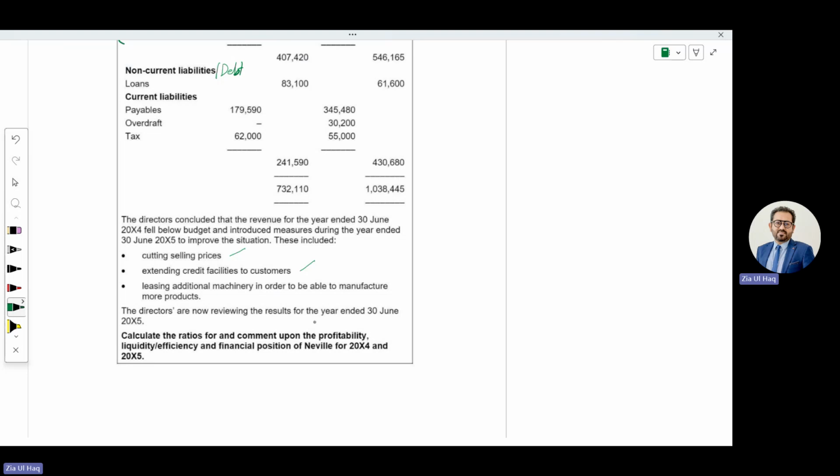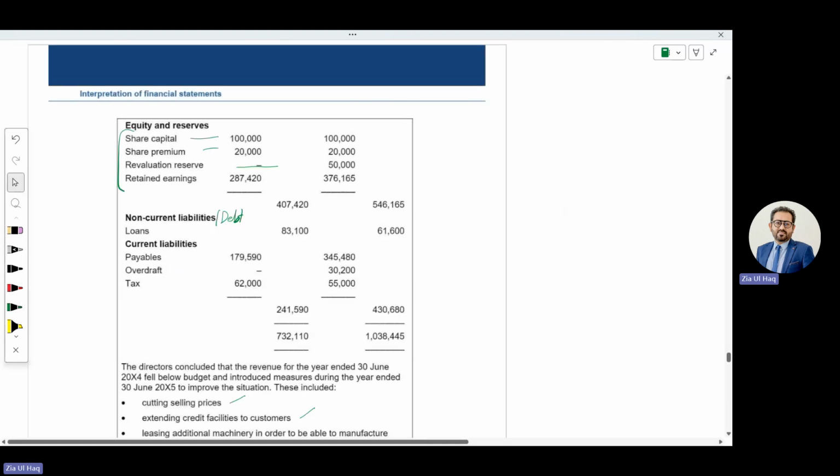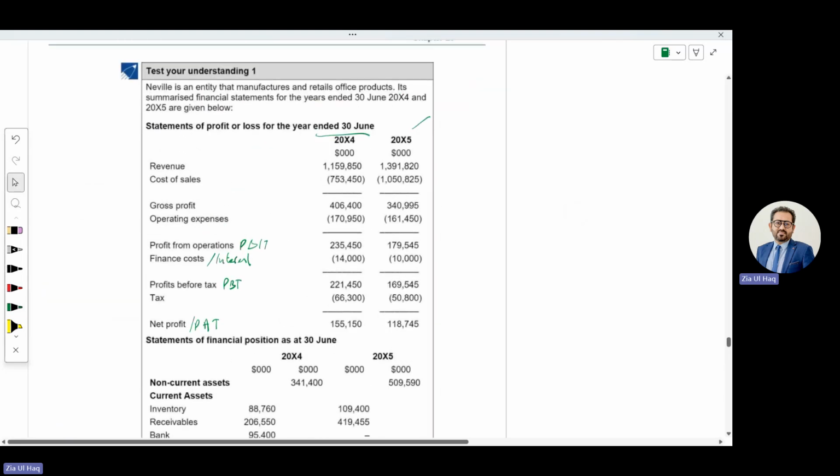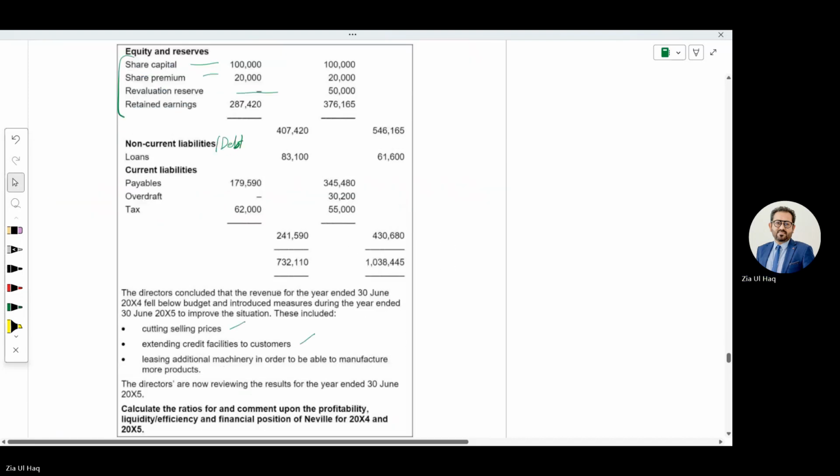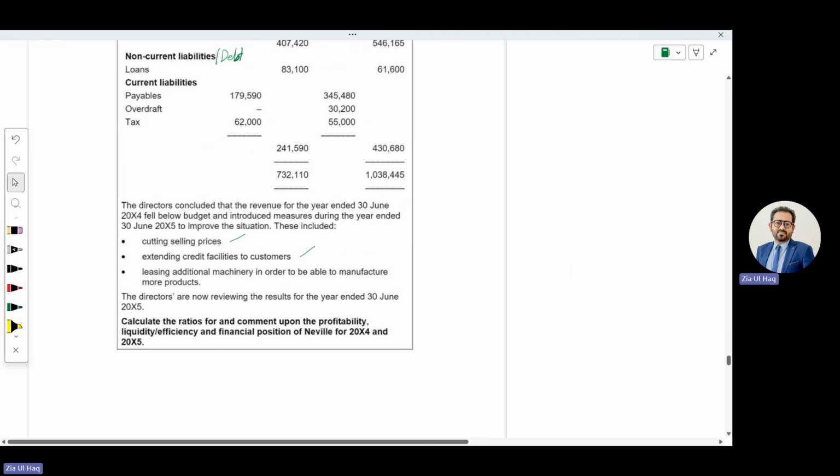Directors are now reviewing the results, but by comparing the figures they cannot check the performance. What they want: calculate ratios for, and comment upon, the profitability, liquidity, also called efficiency, and financial position of the company.